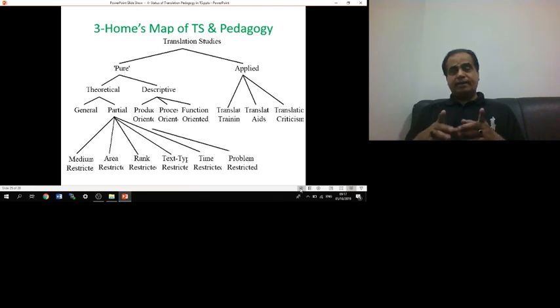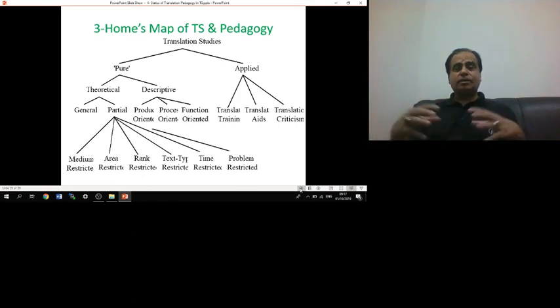So here we can say that the theory and the applied both, and this is what is actually required, not only in translation, it is required in all the areas of knowledge, where the theory and the application should go hand in hand, so that they help each other.